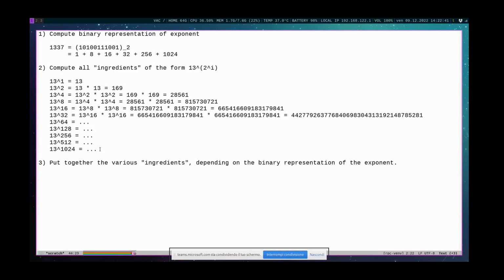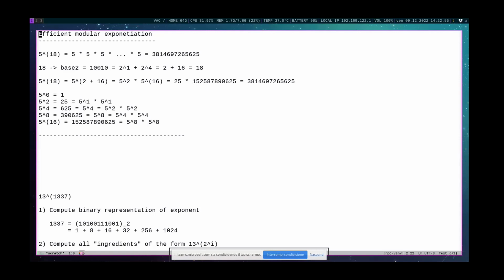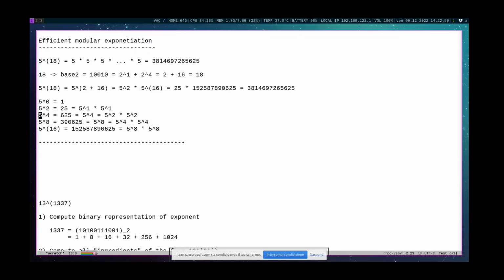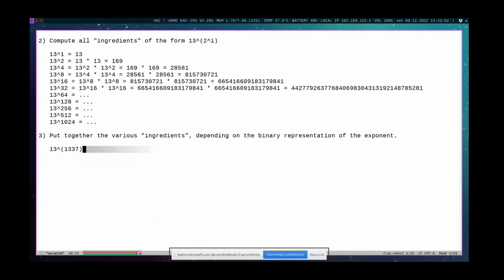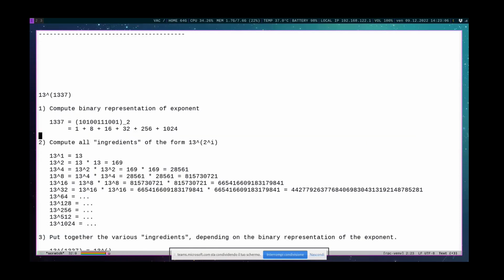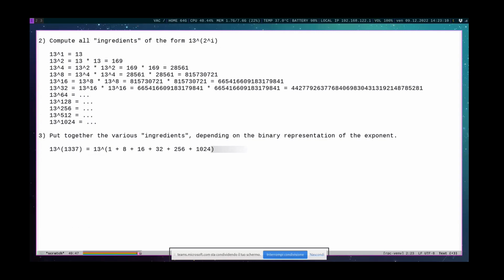And remember that we are raising to the 1337, so it's a little bit huge. Now, once you have all these ingredients, how do you put them together? Our objective was to compute 13 to the 1337. But then we said 13 to the 1337 is simply 13 to the 1 plus 8 plus 16, and so on.